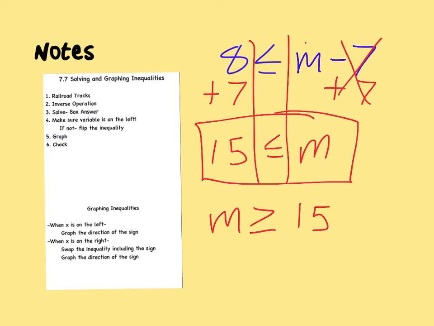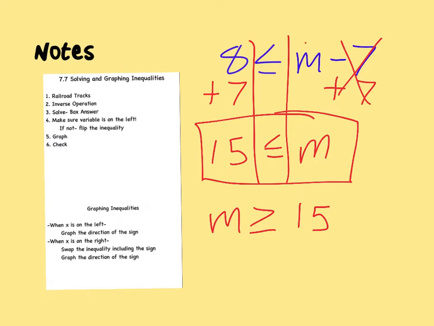If 15 is less than or equal to m, then m is greater than or equal to 15. You can say it in two different ways. I know that that's kind of difficult to wrap your mind around, but if you just remember, if the variable's on the right-hand side, we take the sign, everything, and flip it all the way around. And so we end up with m is greater than or equal to 15.